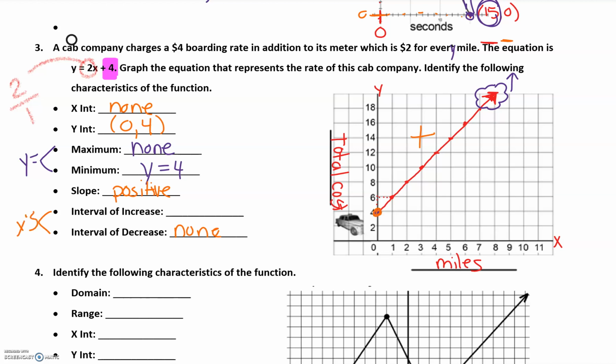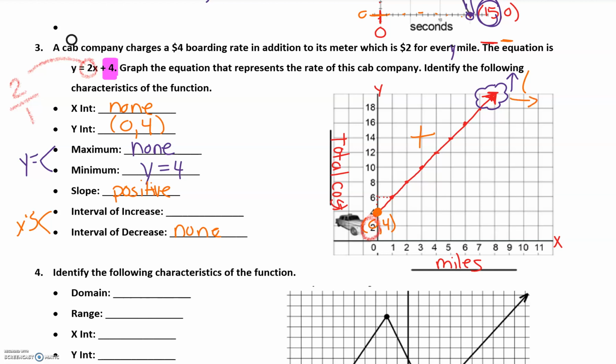So it increases from this x, which is 0. If you want to write these ordered pairs, it really helps. So we see that the x here is 0, and then up here at the top, it's going up forever, and it's also going to the right forever.